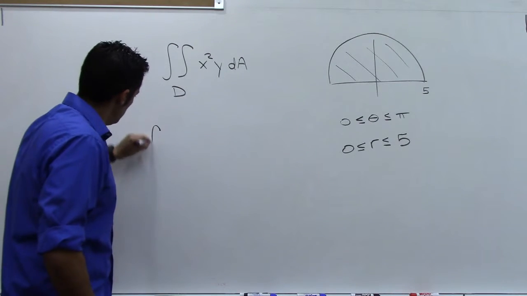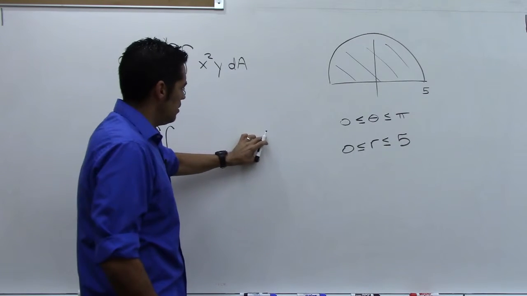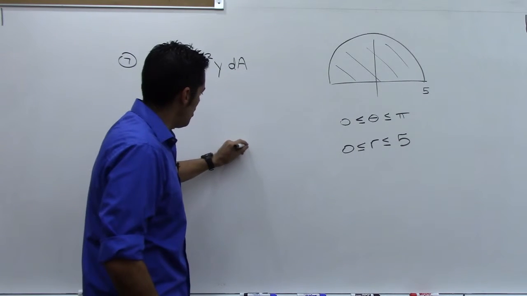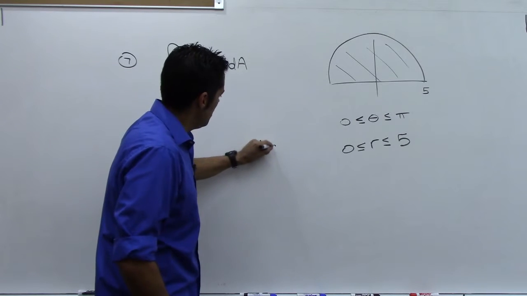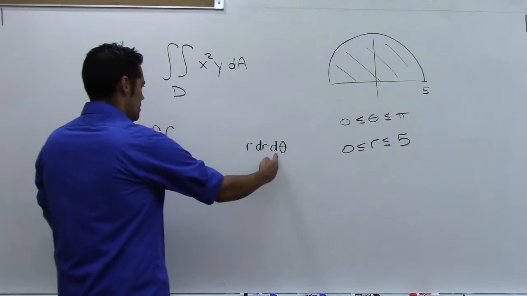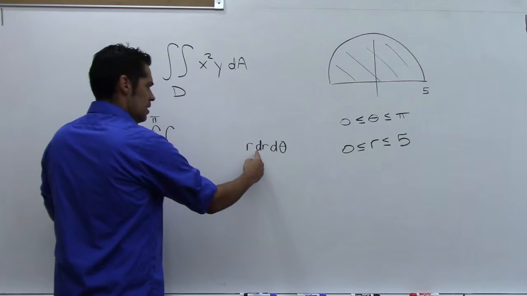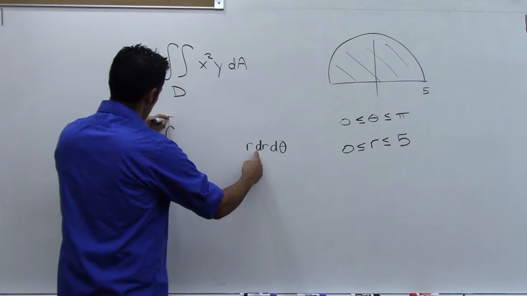So this double integral becomes, because I'm going to polar, my little dA turns into r dr d theta. Since theta is my outside integral, I'm going to go 0 to pi here. r is the inner one, so 0 to 5 here.